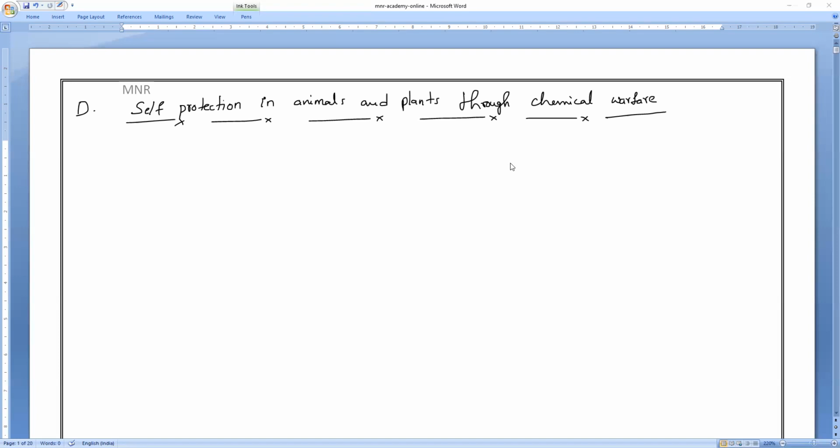As soon as plants or animals inject these chemicals, acids or bases, immediately it will cause what? More pain. You might all have experienced the pain of a honeybee bite. Do you remember? Has anyone experienced it?